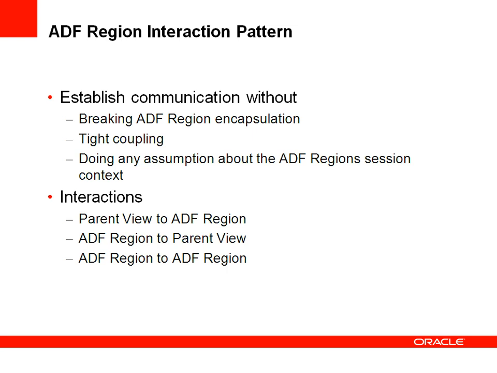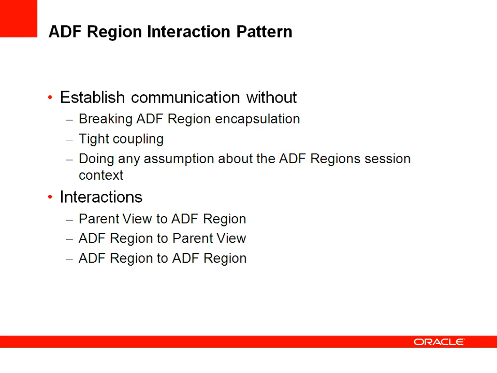The different patterns of interaction are a parent, which is a containing view, talking to the region, and a region talking back to the parent. That could be like triggering navigation. So in response to something that happens in the region, you want to have the parent view navigating to another view.